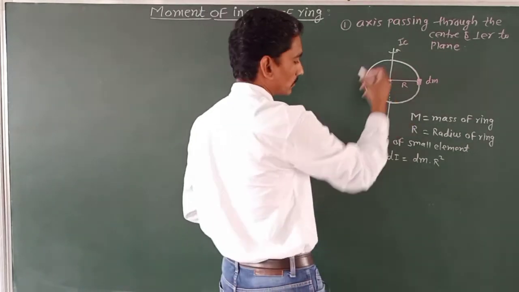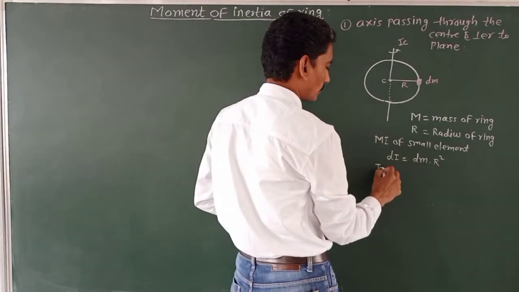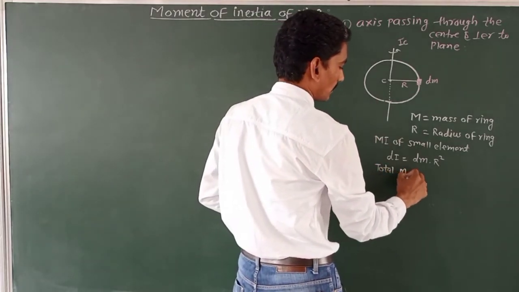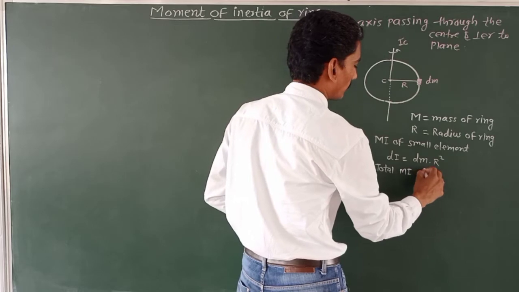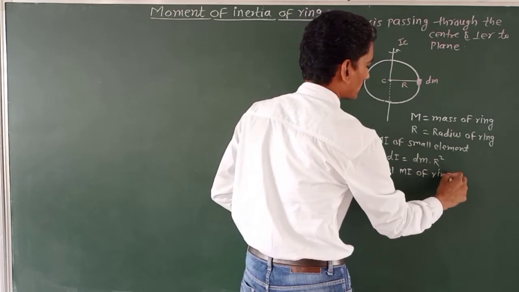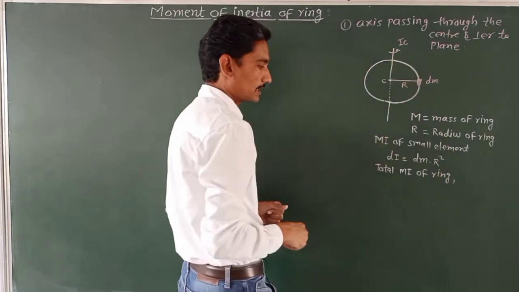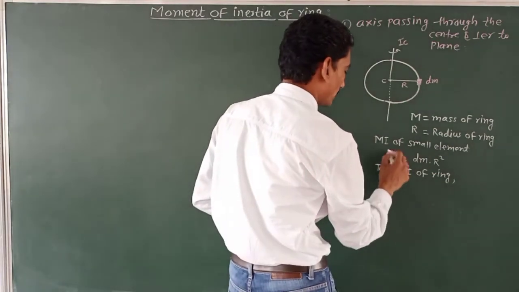Now we can determine the total moment of inertia. The total moment of inertia of the ring about an axis passing through the center is given by integrating this.